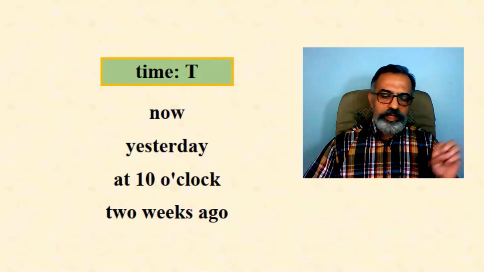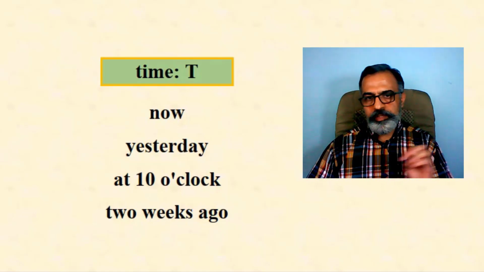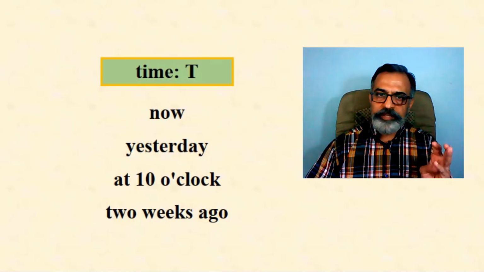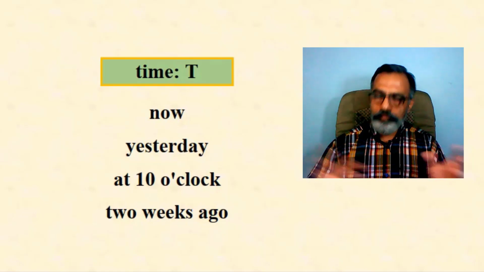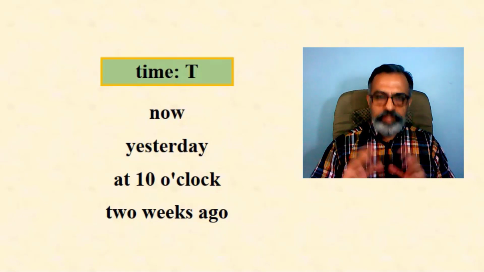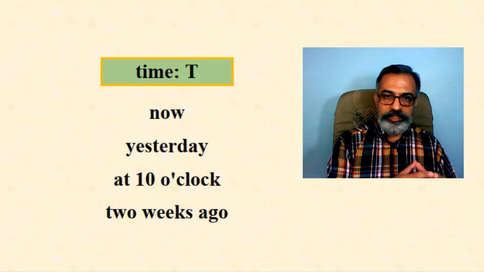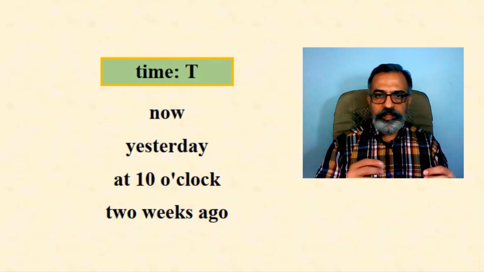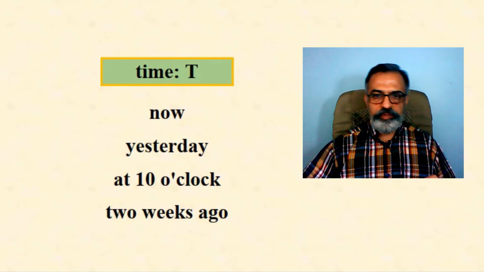Normally, the order of the adverbs is like this: manner, place, time. Of course, depending on our need, some of them can come at the beginning of the sentence, which I'll try to discuss in this video.